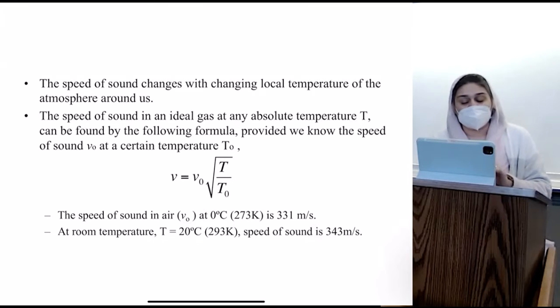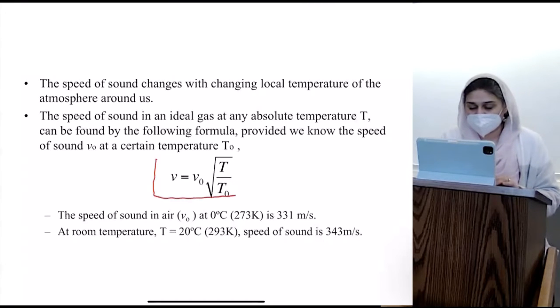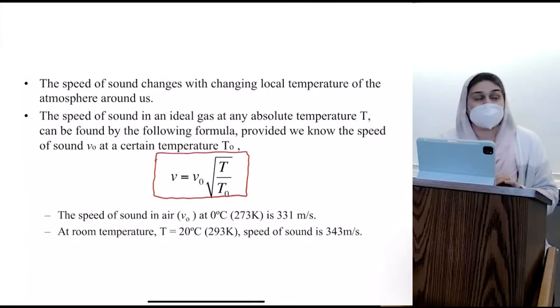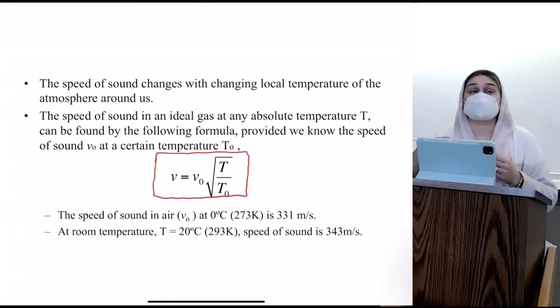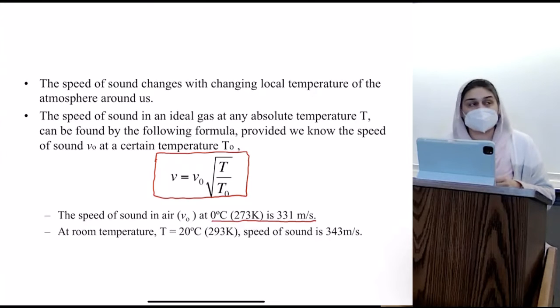And the formula is this one, by which we can tell by how much the speed of sound changes with respect to temperature. And that is a good number to remember. At 0 degrees, the speed of sound is 331 meters per second.